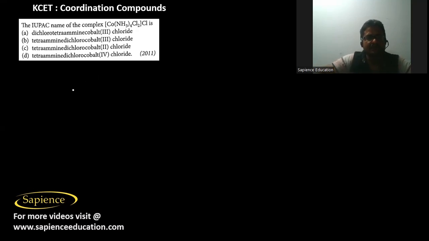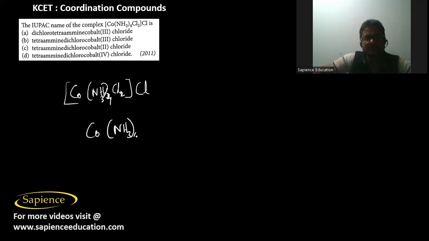Then the IUPAC name of the complex [Co(NH3)4Cl2]Cl. Here [Co(NH3)4Cl2] has a plus charge, and Cl minus is the counter ion. Chloride will have a -1 oxidation state, so here Co is having a +3 oxidation state. So the valency of cobalt is 3.